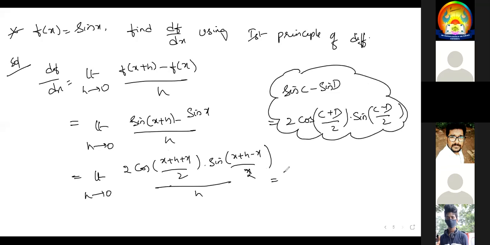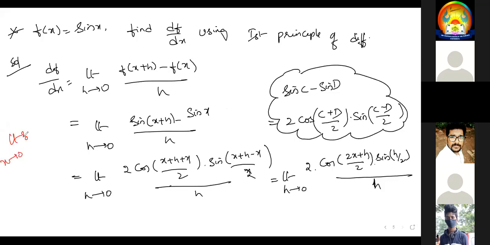The last step, that is equal to limit h tends to 0, 2 into cos 2x plus h by 2 into sin h by 2, by h. You remember the limits we did. What is the formula? Limit x tends to 0, sin x by x value is 1.